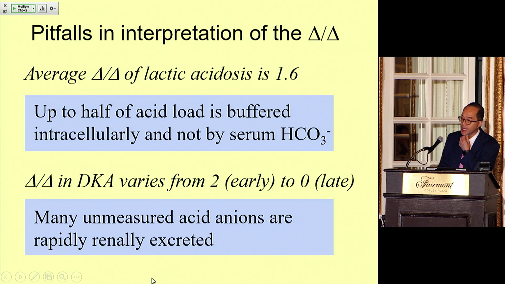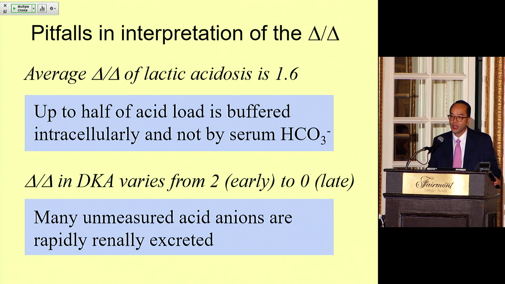This is some of the more subtle stuff that doesn't come up on the boards, but you should be aware that what I've told you is a relatively simplistic explanation of reality. The normal delta-delta in a simple anion gap acidosis turns out not necessarily to be 1.